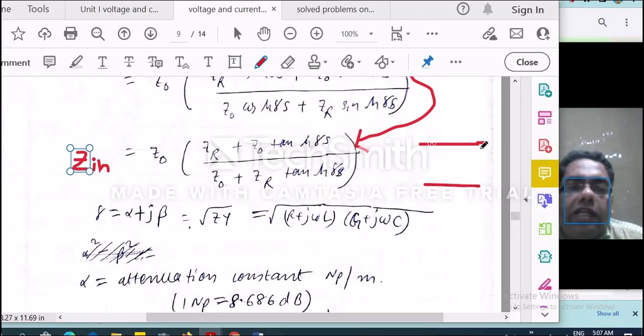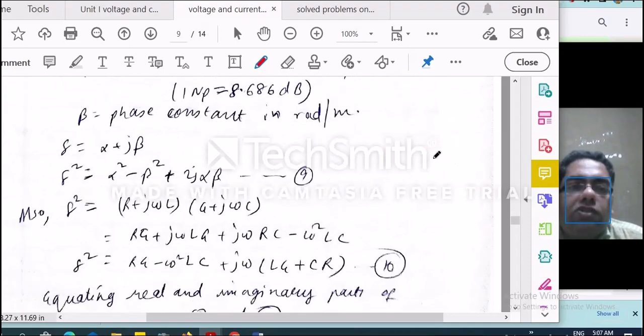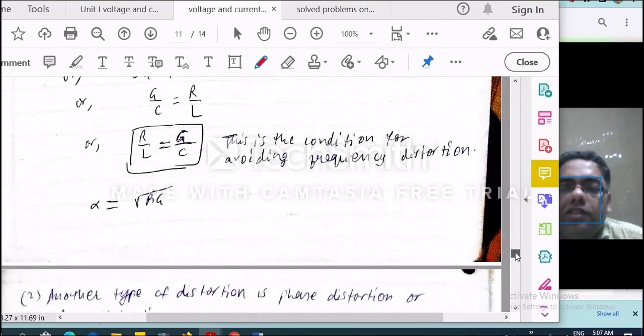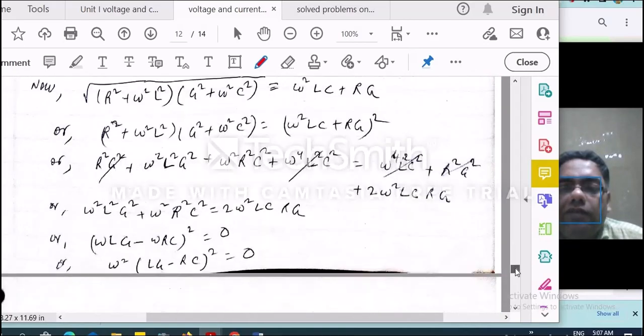Another special case is if the line is short circuited, then ZR is 0. So if we consider these two special cases, let's see what expression we arrive at.